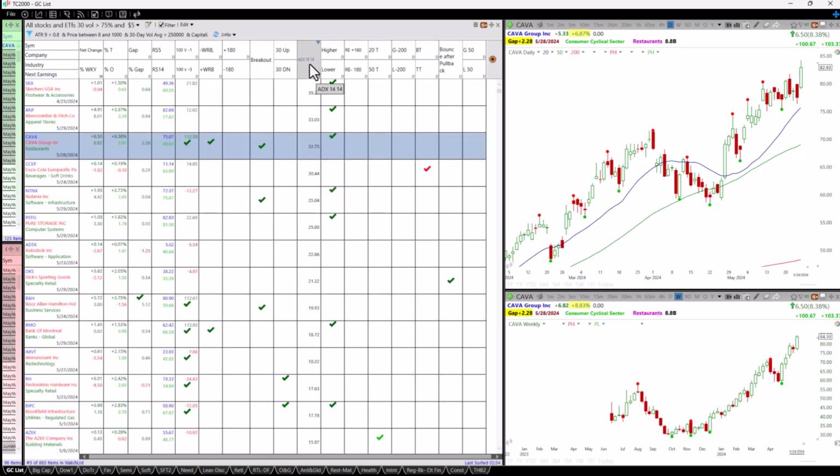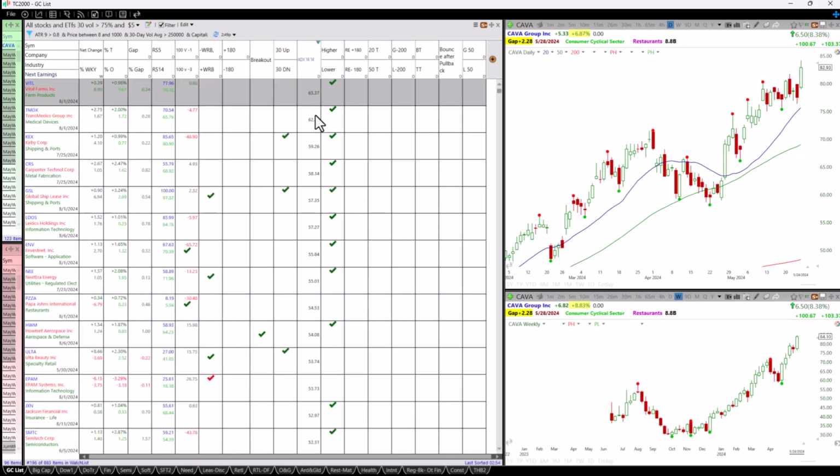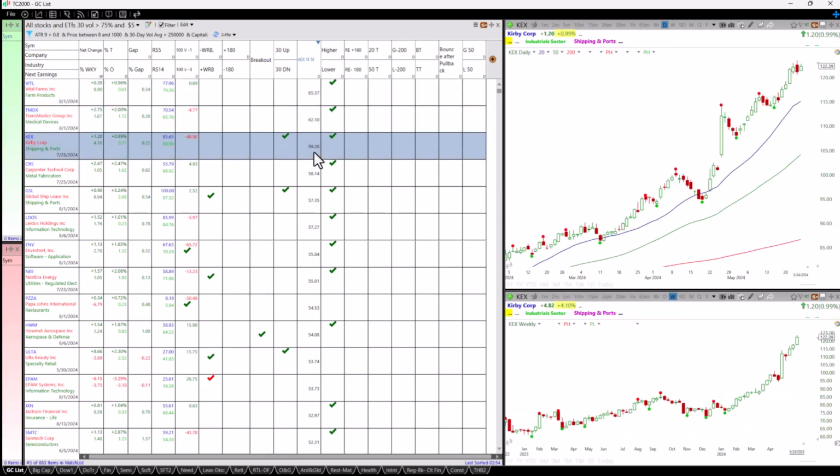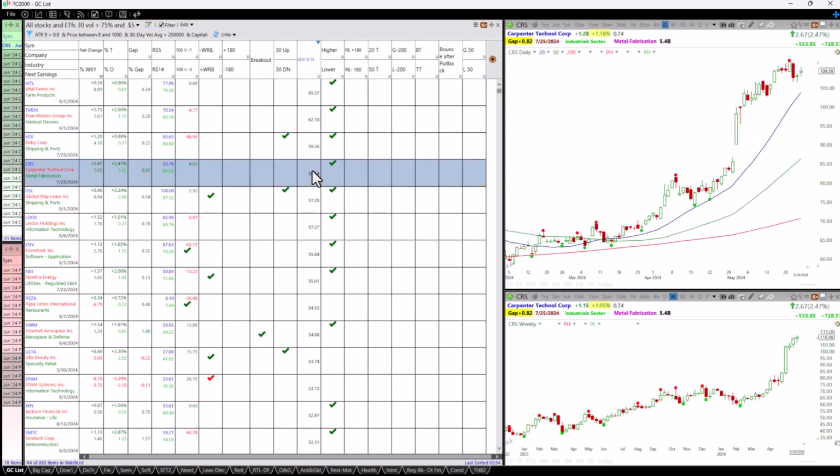However, when I want to find something that's potentially extended, when things are over 60, they're getting extended. Now, that doesn't mean I want to short it. Typically it means I'm not going to want to go long, but it may be topping out, and I can look for continuation patterns. So sometimes, things that are extended, you find continuation patterns or are ready to break out. You don't know. But this is putting us in the ballpark of what we're looking for.